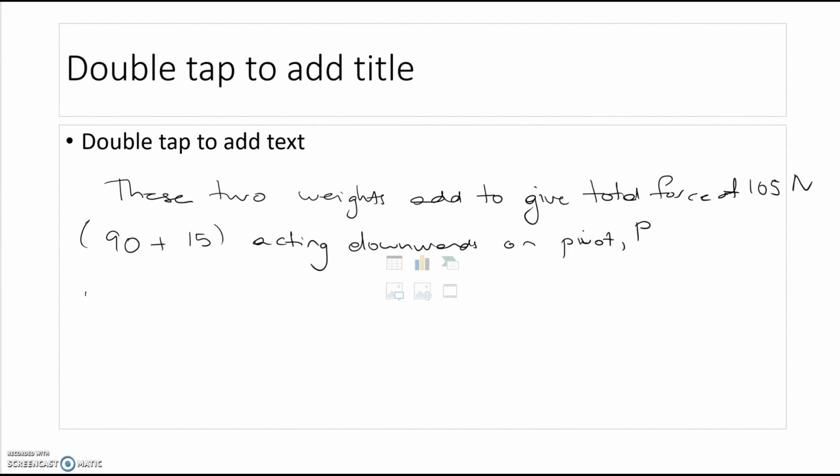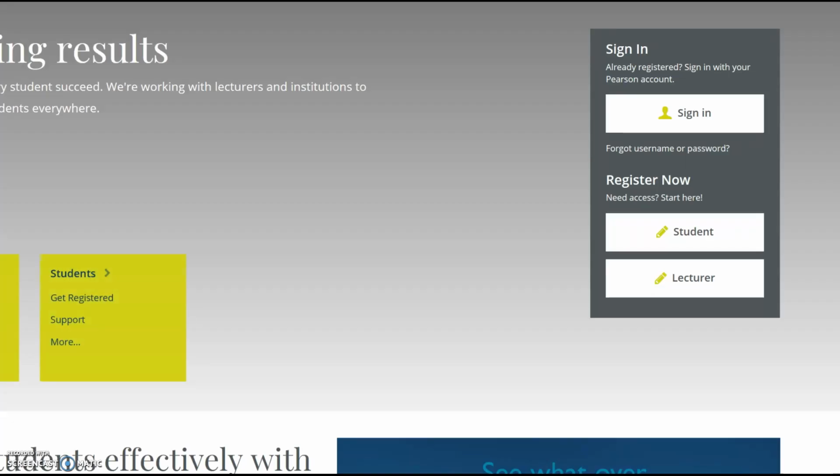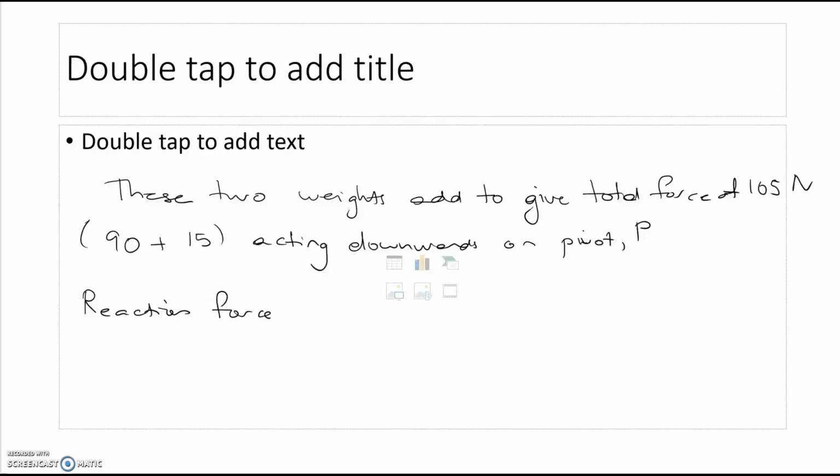There's also got to be a reaction force. And the reaction force is also got to be 105 newtons.